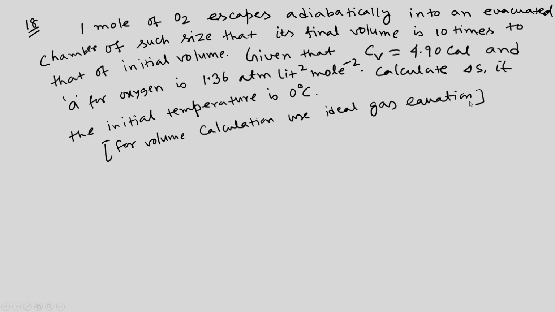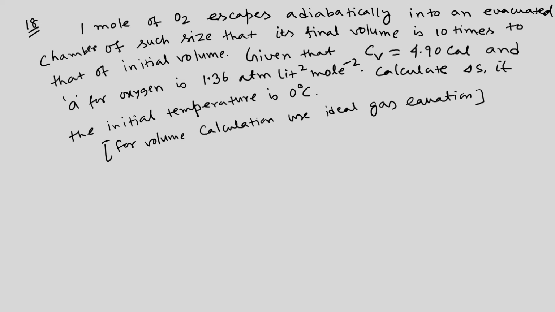So, again this is an interesting problem. 1 mole of oxygen escapes adiabatically into an evacuated chamber of such size that its final volume is 10 times that of initial volume. Given that Cv equals 4.9 calorie and A for oxygen is 1.36 atmosphere liter squared mole to the minus 2, calculate delta S if the initial temperature is 0 degree Celsius.